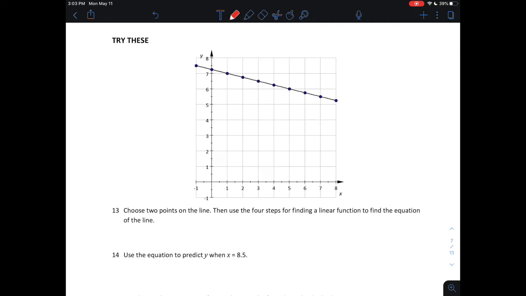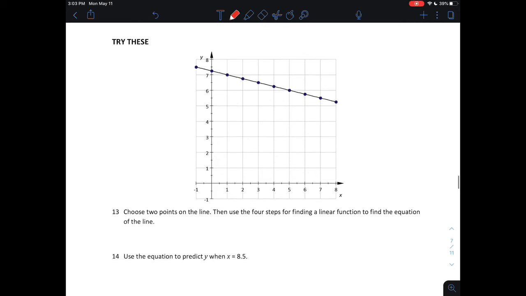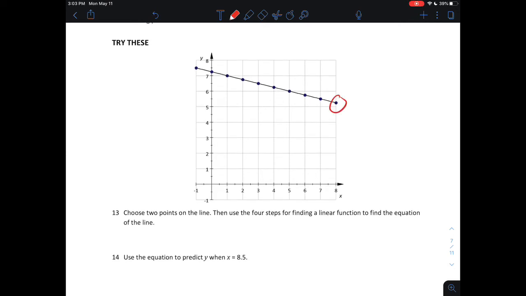My recommendation to you here is use some points that it's easy to tell where they're located. So for example, if I go all the way to the right, at the very right of this graph, I see a dot. But can you tell me what y value it has without estimating or guessing? Not so easy.